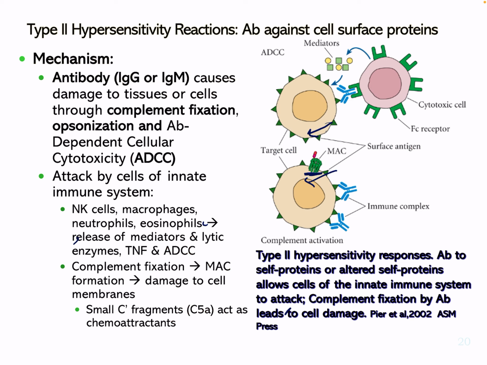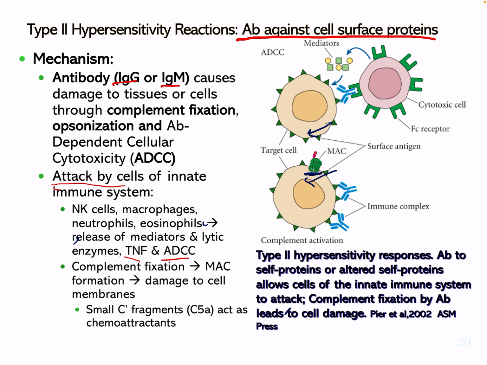In type 2 hypersensitivity reactions, we have antibodies against cell surface proteins. An antibody, like IgM or IgE, causes damage to tissues or cells through complement fixation, opsonization, and ADCC. This attacks cells, and they are then attacked by innate systems. Our NK cells, macrophages, neutrophils, and eosinophils all release their mediators of lytic enzymes, including TNF, and ADCC targets our own cells.